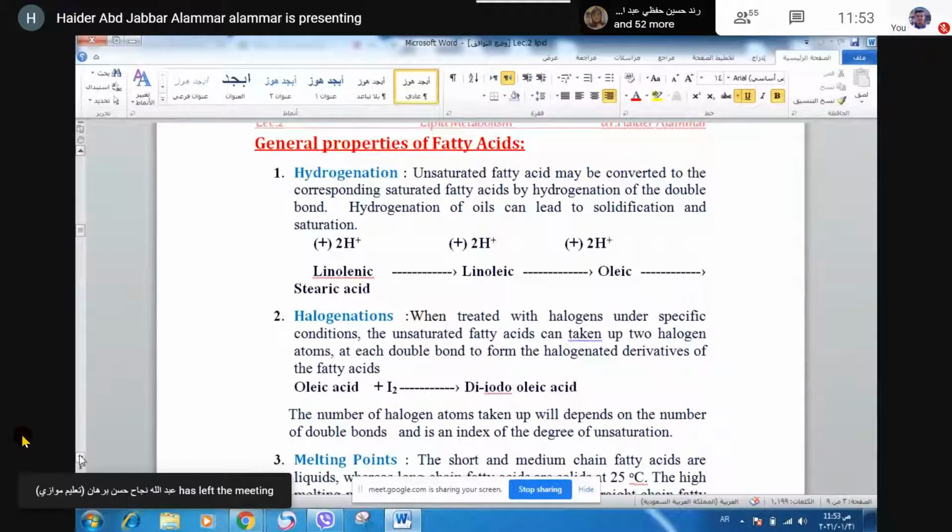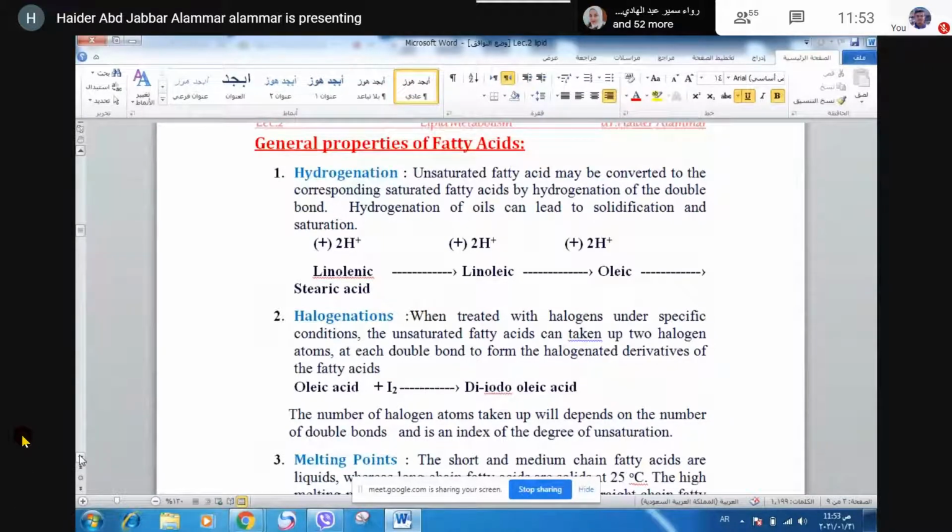If I break down the second double bond in linoleic acid, it converts to oleic acid, another unsaturated fatty acid with a single double bond. If I break down the last double bond in oleic acid, it converts to stearic acid, which is a saturated fatty acid without a double bond.